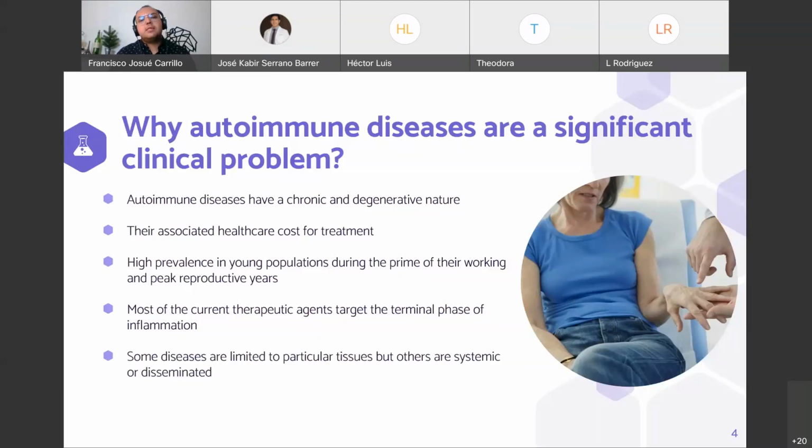And finally, some diseases are limited to particular tissues, but some others are systemic or disseminated. We have so many different conditions. For example, type 1 diabetes, autoimmune thyroiditis, rheumatoid arthritis, lupus, Sjogren's syndrome.